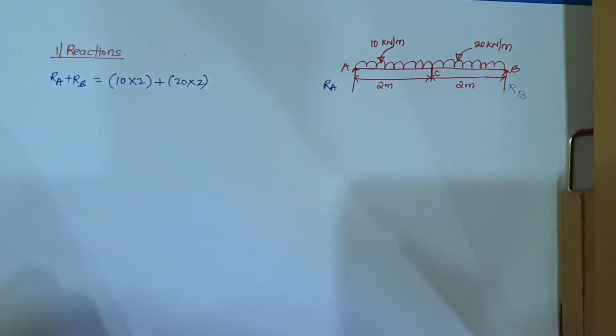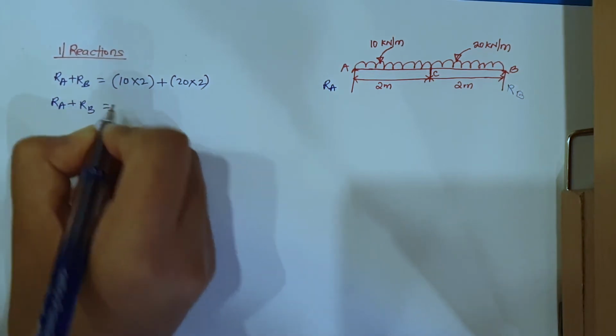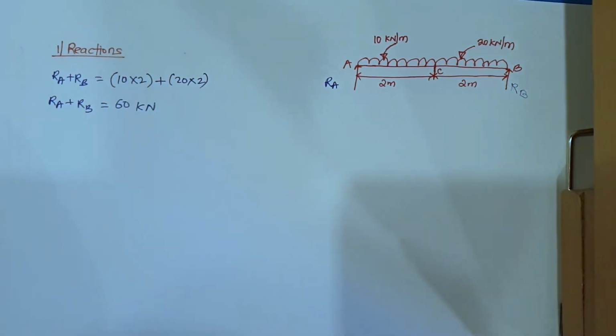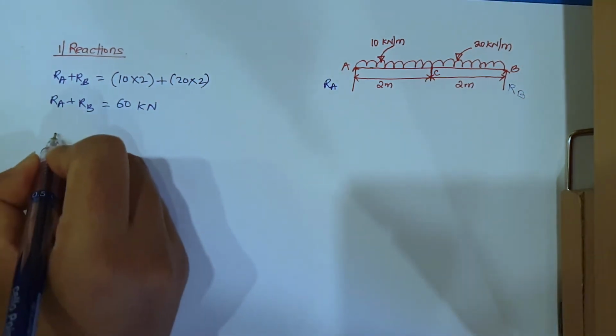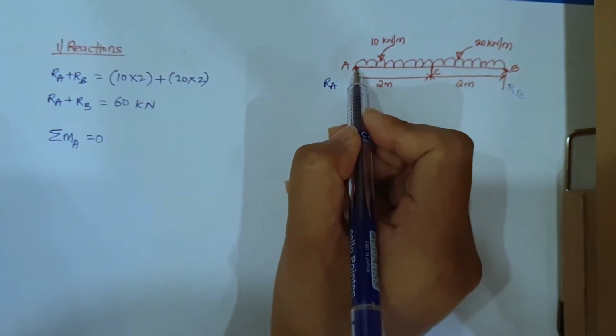So I have 10 into 2 and 20 into 2. So RA plus RB will be equal to 60 kilonewton.